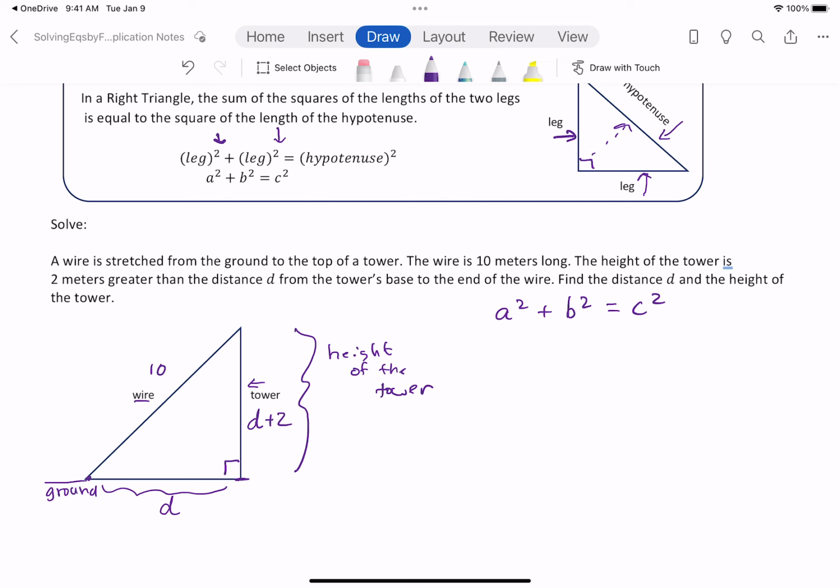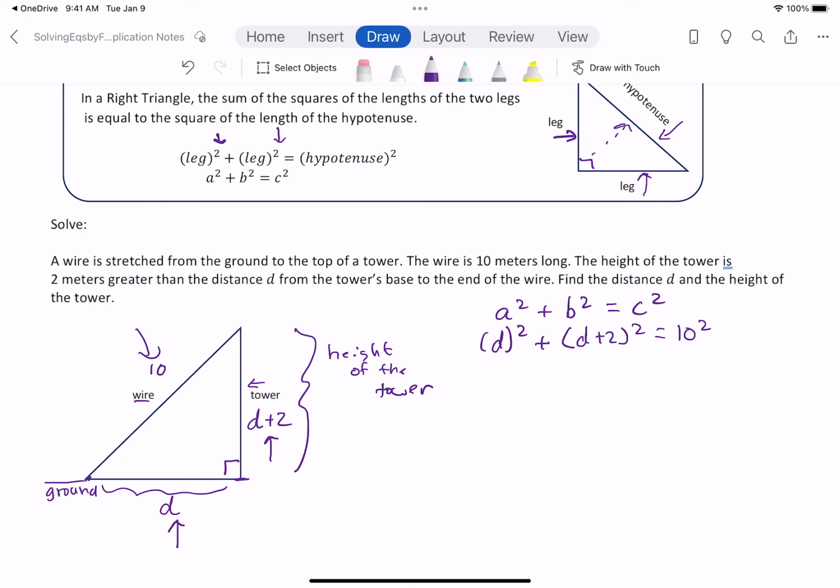Remember, addition is commutative, so that doesn't make any difference. The only one that matters is c always has to be the hypotenuse. So I'm going to say that this is d squared, that's this leg right here, plus b squared is equal to the hypotenuse, or 10 squared.